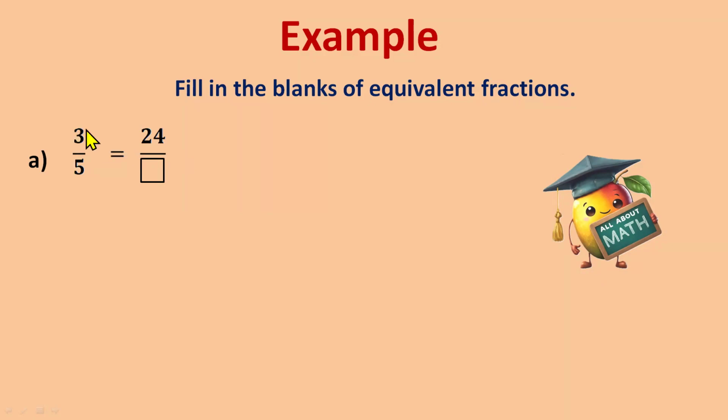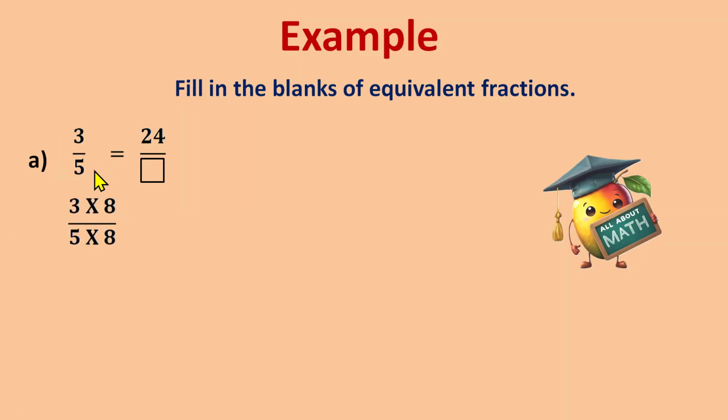So whatever is going to multiply with the numerator, same number should be multiplied with the denominator. So this 24 is helping us to find the denominator. How? Because with the help of this, we can understand what could be multiplied with 3 to get 24. So 3 8s are 24.